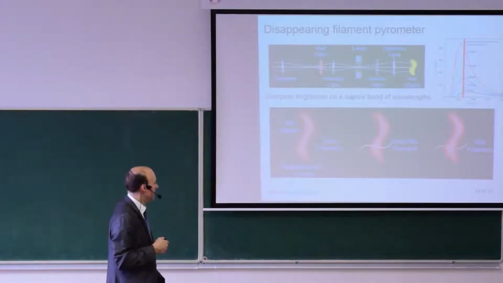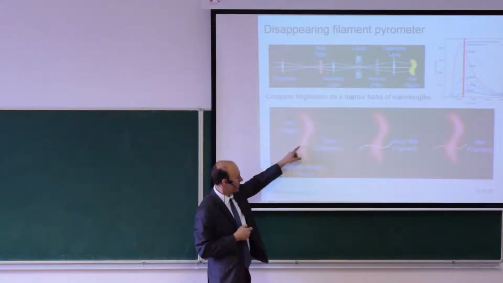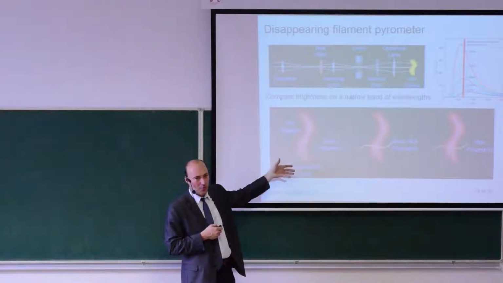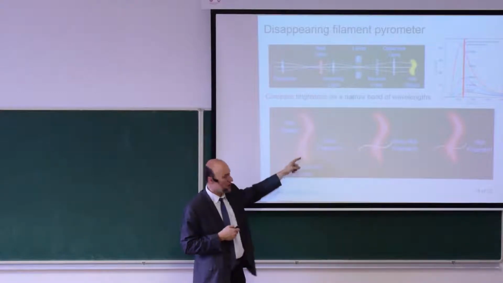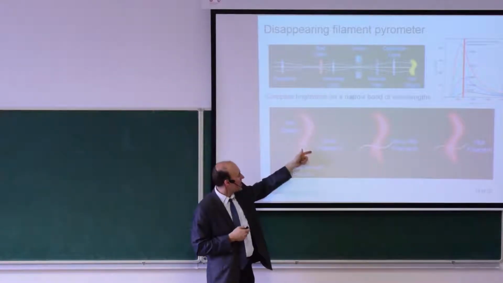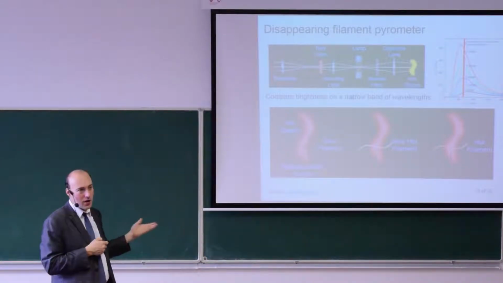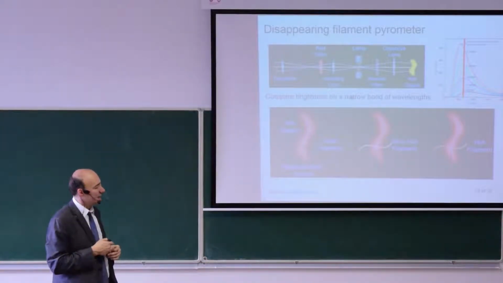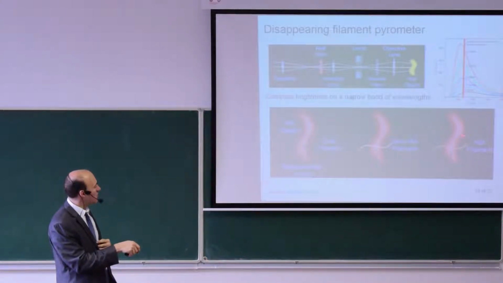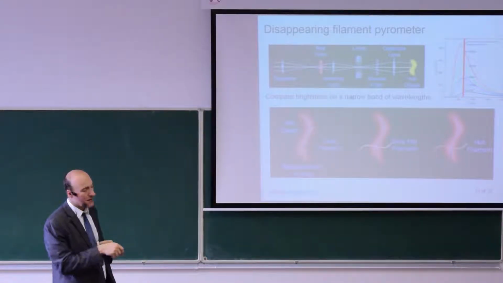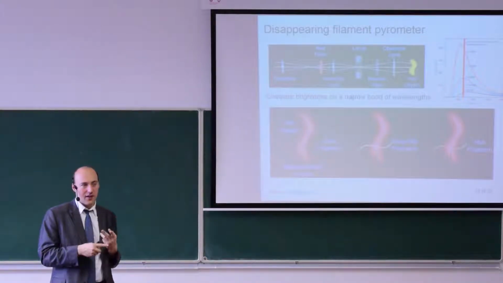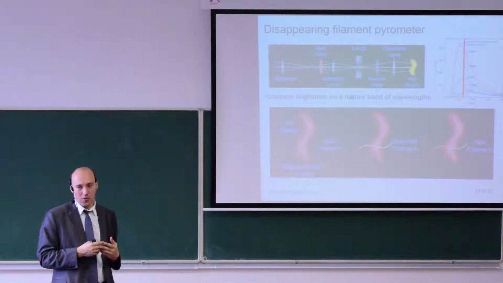On the other hand, if your filament is colder than the object, you see a bright background and you see a dark filament on top of it. So we don't want this either. We want that we have the same radiation, which means that we see something like this. We have a hot filament and we have the same temperature from the object.